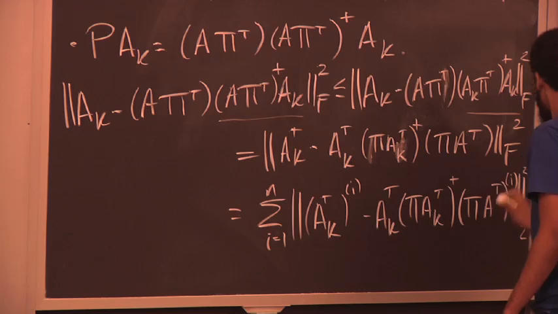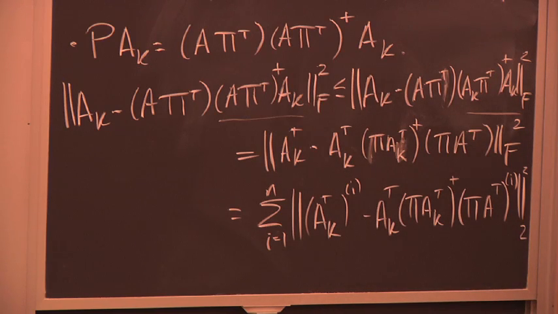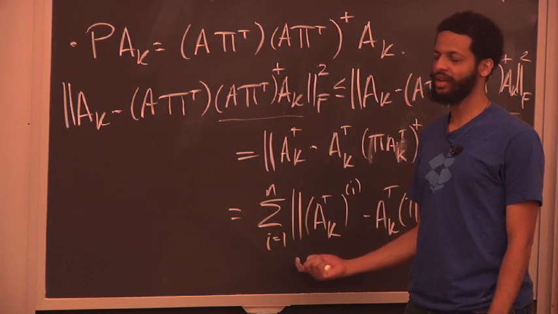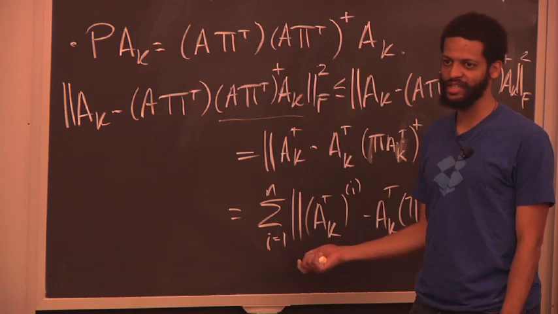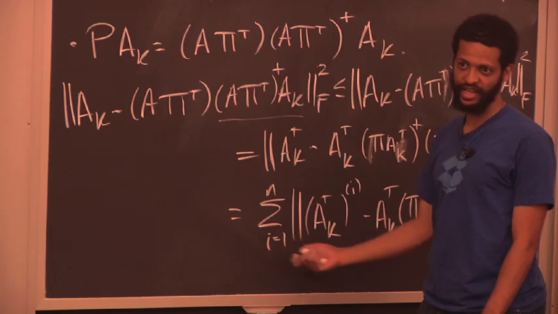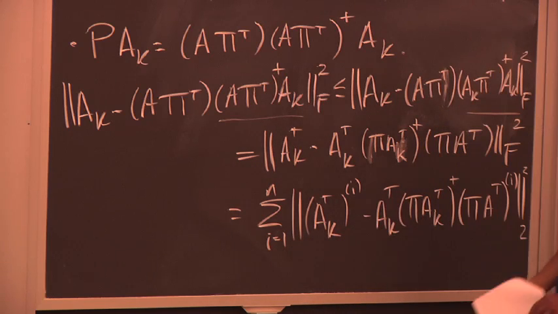Basically I just summed over the columns. AK is an n by d matrix, so its transpose is d by n, and I summed over its n columns.